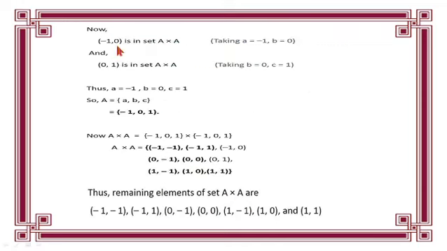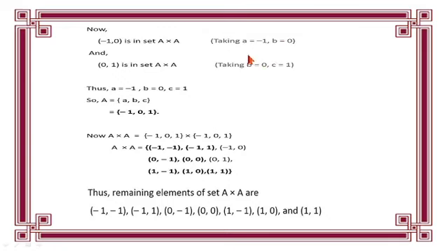After that, (-1, 0) is in this Cartesian product. So, taking a as -1 and b as 0. And (0, 1) is also in this Cartesian product. So b we have already assumed 0 and let's take c as 1.